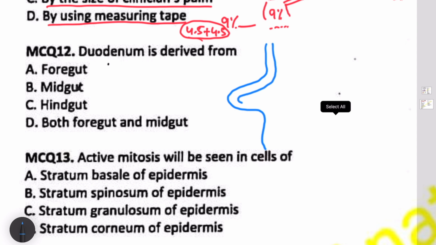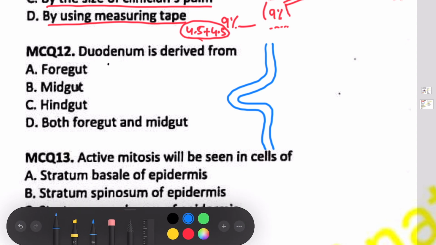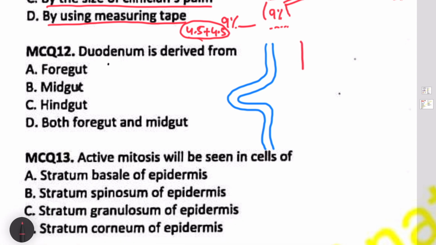Foregut, midgut, hindgut, and you have the dorsal aorta in an embryo, and the median unpaired branches of the abdominal aorta. One is the celiac trunk, then you have the superior mesenteric artery, and then you have the inferior mesenteric artery, right? This is how it is.